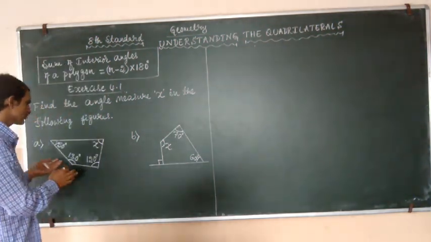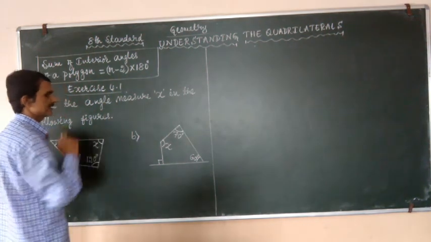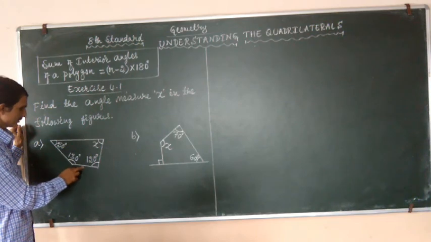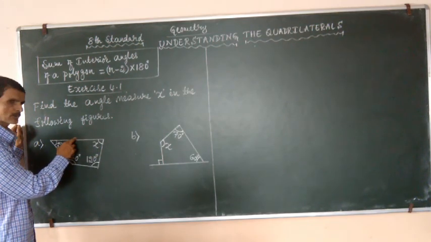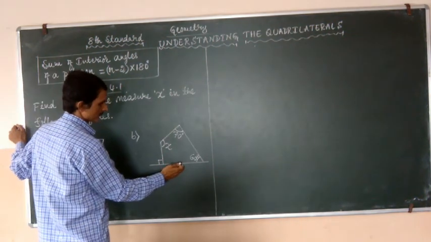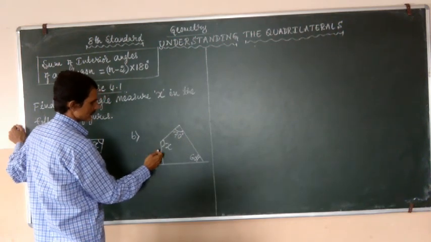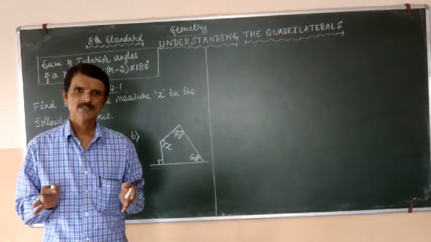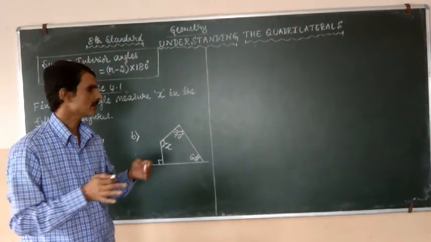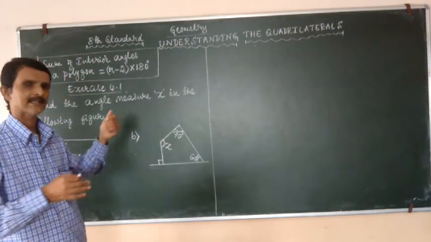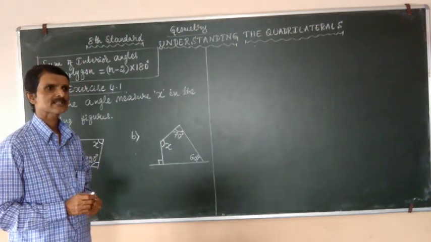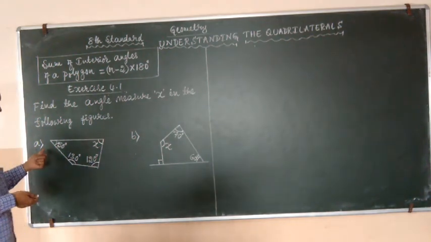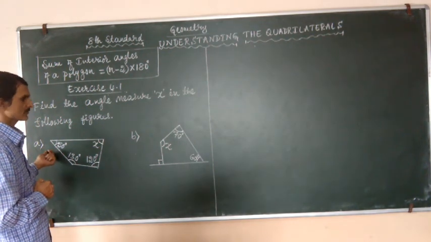If you observe both figures, they have 1, 2, 3, 4 sides. Here also 1, 2, 3, 4. So they have four sides, and therefore they are called quadrilaterals. We will come to the first problem.